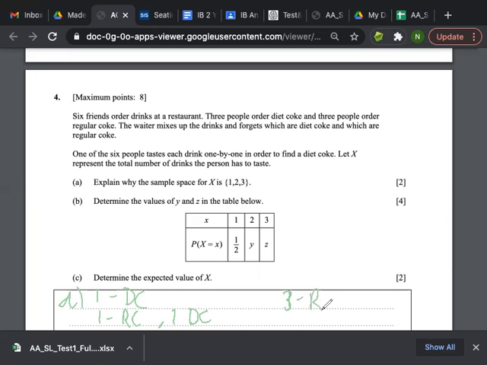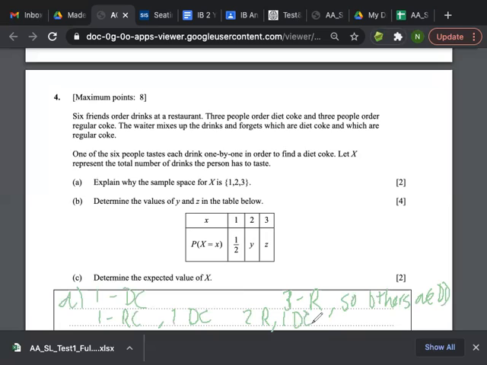The other 3 are Diet. There's one more. You're missing one. All diet. 2 regular, 1 Diet. And then 3 diet, right?